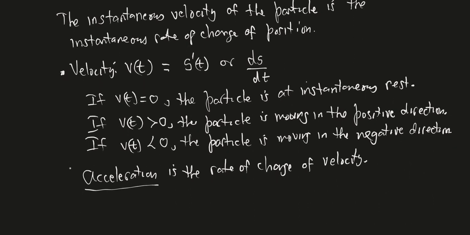But using the same logic as before, if I now want to find the instantaneous acceleration of the particle at a specific time, well, that means I would have to find the instantaneous rate of change of velocity, right?